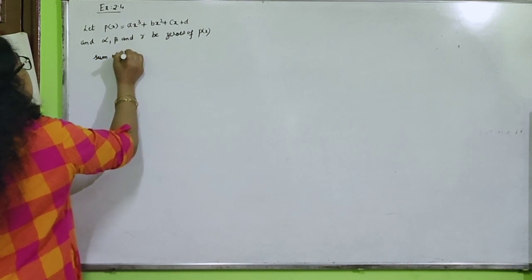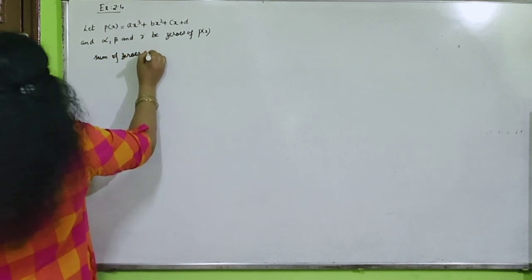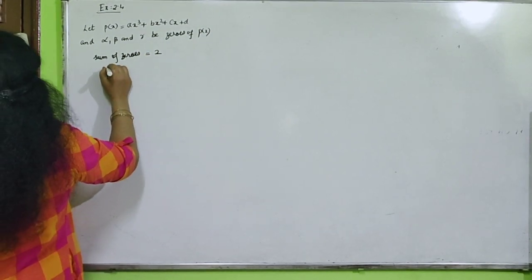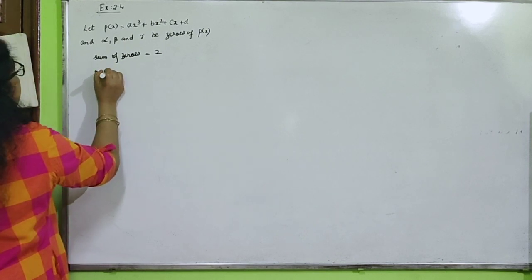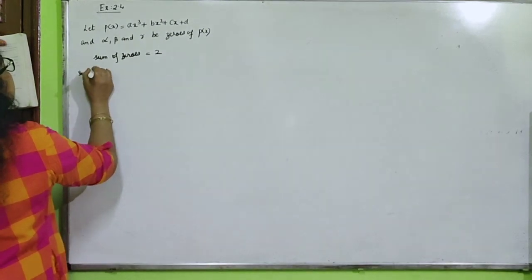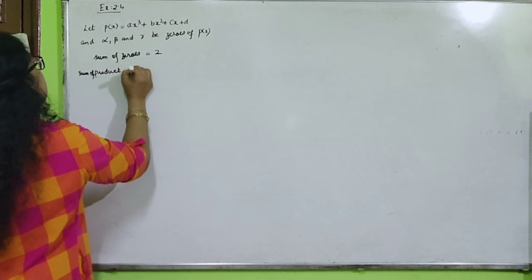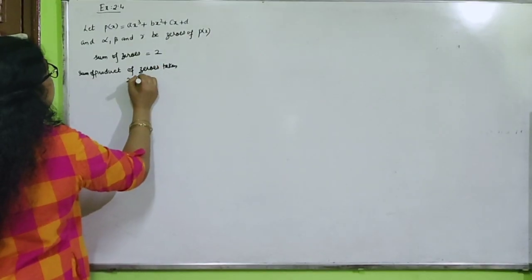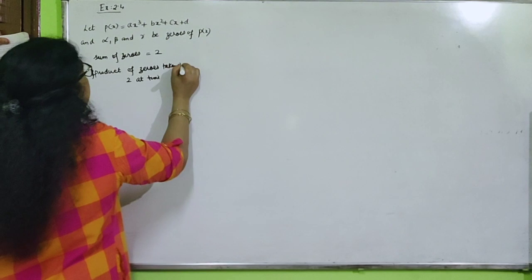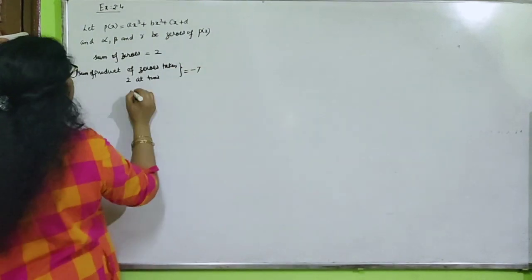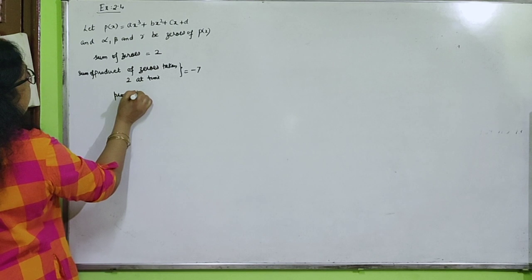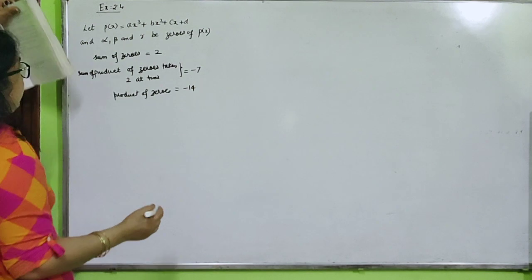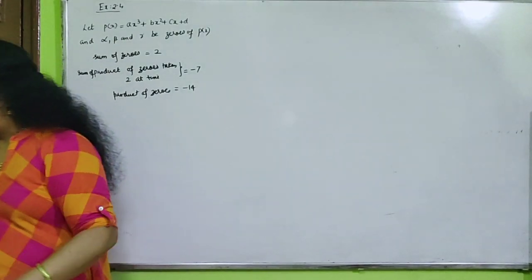Sum of zeros given, that is 2. Sum of the product of zeros taken 2 at a time, that value given is minus 7, and product of zeros equal to minus 14. You have to find out ax cube plus bx square.